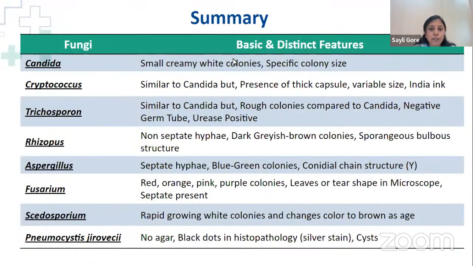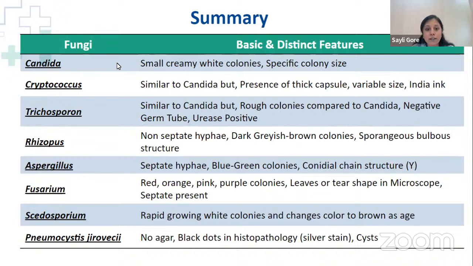This is a summary of basic and distinct features between all the fungal pathogens, which you can keep as a ready reference to differentiate the organisms. Candida, Cryptococcus, and Trichosporon all appear as white and opaque colonies.